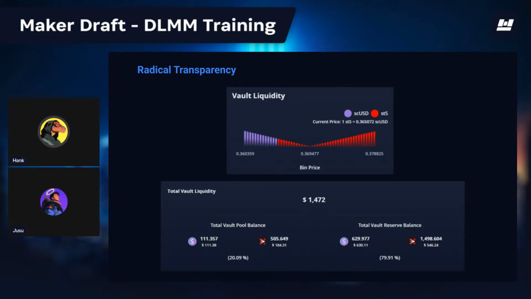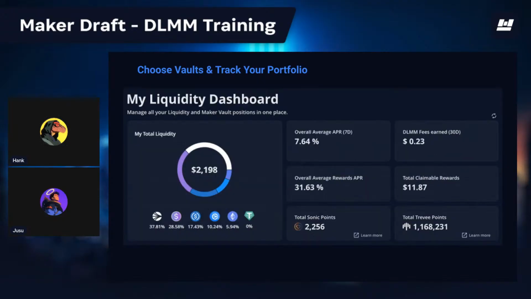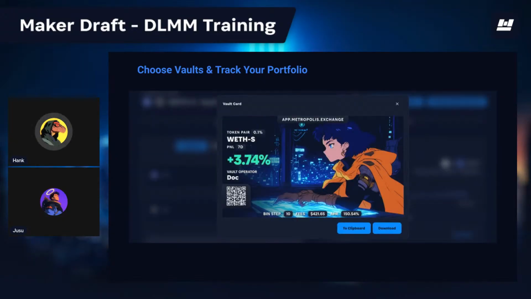We covered that in real life. Here I show a bit more the liquidity position, but we covered that as well. The filters, okay. The dashboard. Perfect. Ah, we forgot the vault cards. I'm going to go back and showcase that.